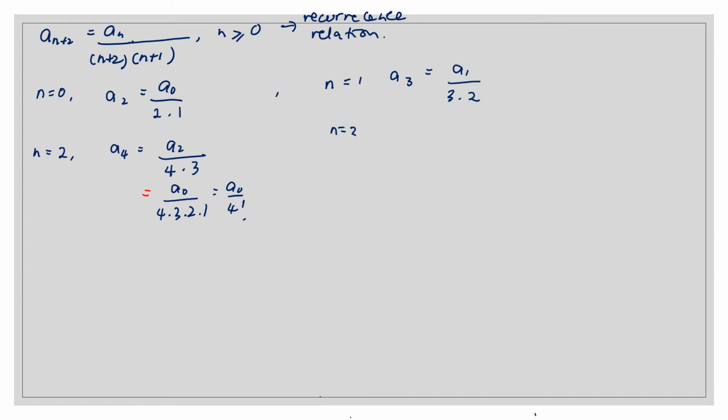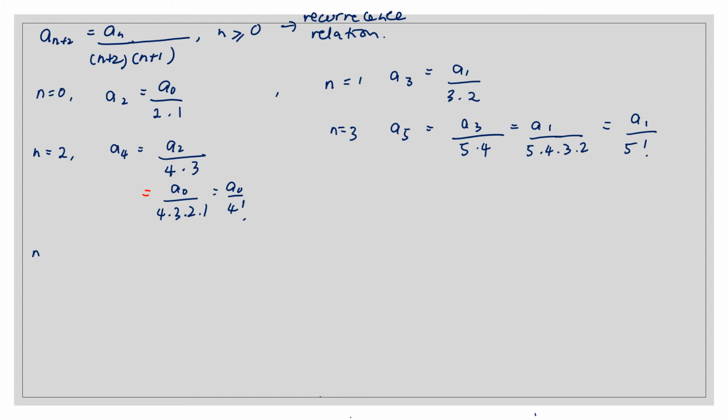Okay, for n equal to 3, we will have a5 equal to a3 over 5 times 4, or we can write it as a1 over 5 times 4 times 3 times 2, because a3 is a1 over 3 times 2, or this one we can write as a1 over 5 factorial.